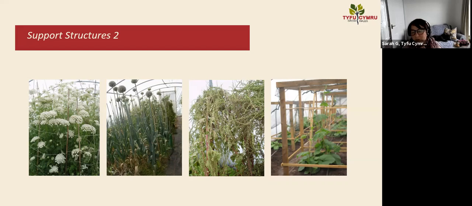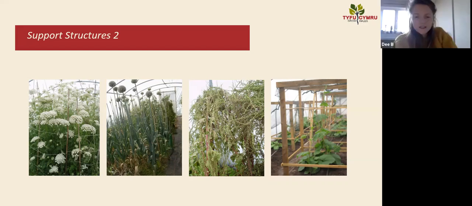It sounds like Dee has grown it for seed as well. I don't know whether you've got any comments, Dee. Yeah, I grew it for seed 3 years in a row, but actually not very methodically, not doing any selection, just letting it go to seed in September and hanging it all up. And then it does look like it's died, but actually if you peel it off you see the little pods, they're like these little spiral pods.